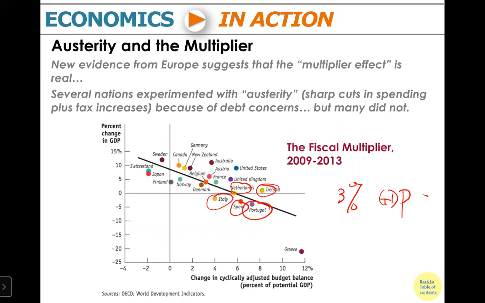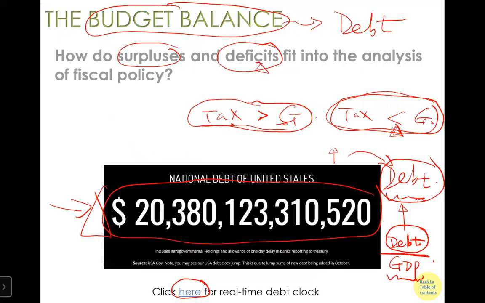Right? That explains why they don't have the ability to stimulate the economy. And that also explains why their GDP declined more significantly. Okay.